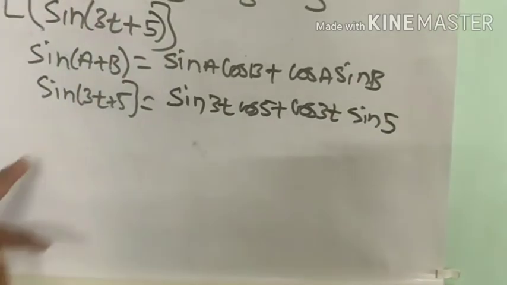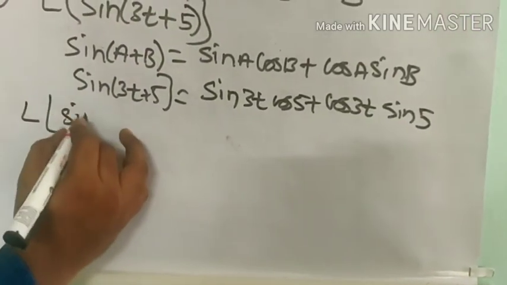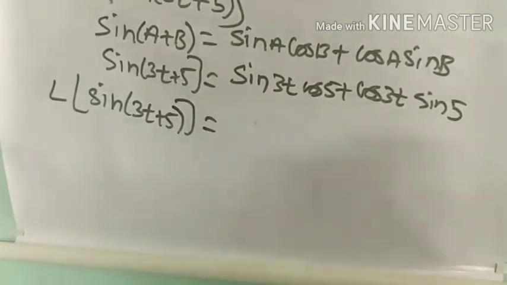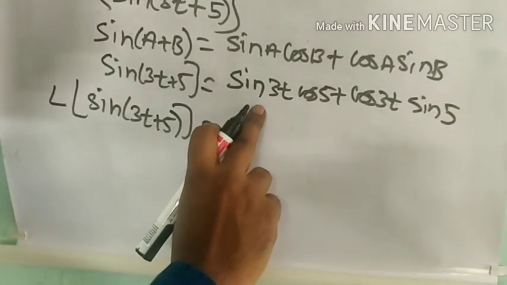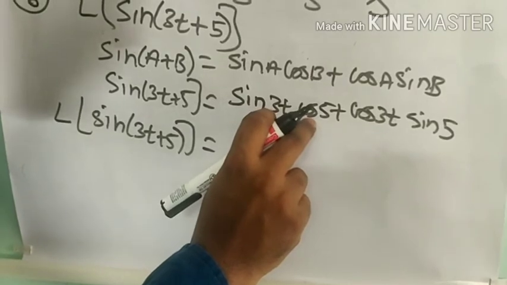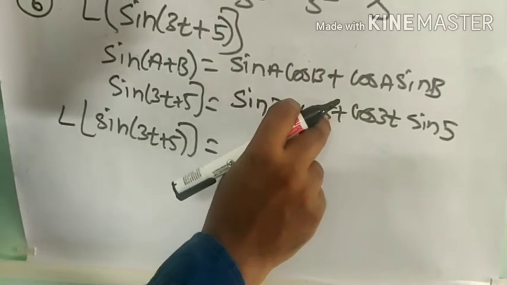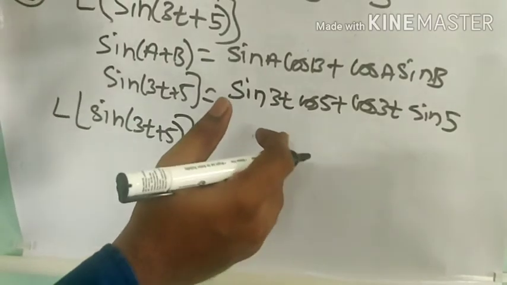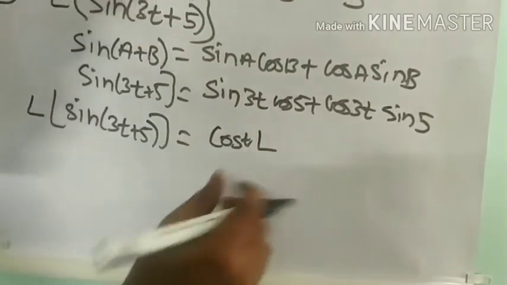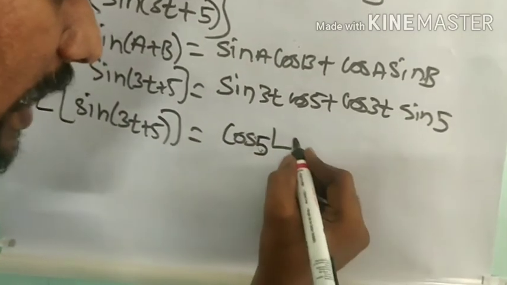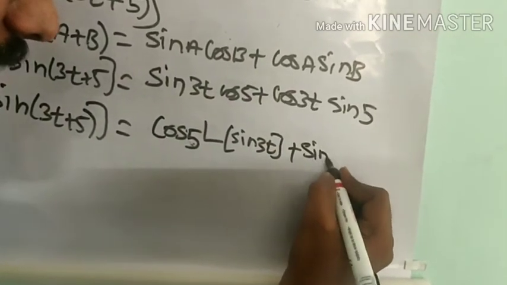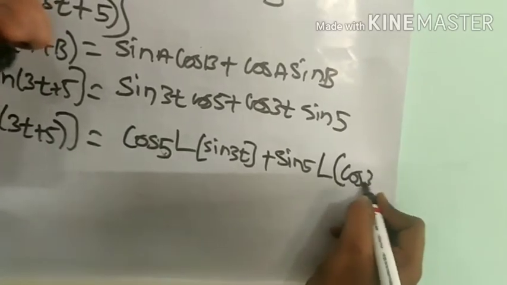Now take the Laplace of this whole thing. Here there are products of two functions; only one is in terms of t and the other is a constant, because cos 5 is a constant, so we can take it outside. So this is cos 5 into Laplace of sin 3t, plus sin 5 into Laplace of cos 3t.